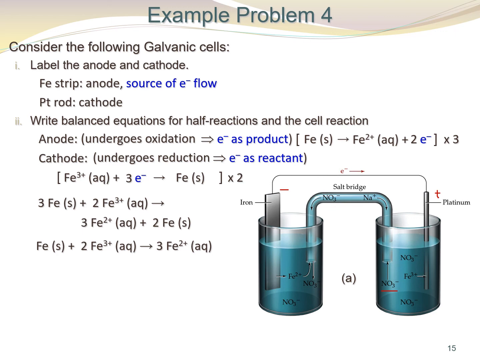And as we can see, we can subtract 2 iron metal on both sides. So this is the overall reaction we are getting. I just want to remind you again, it is not iron 2+ as the product of this reduction half reaction, because we do not see iron 2+ in the solution. Why? Because it's nitrate. Any salt containing nitrate is considered soluble.